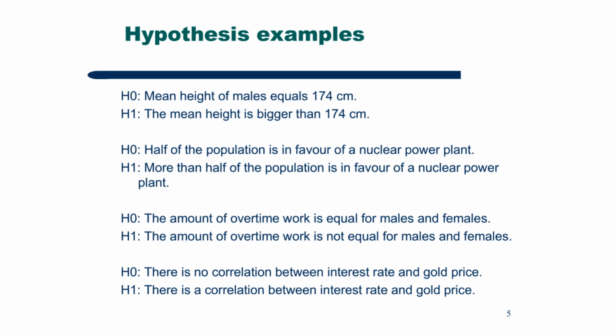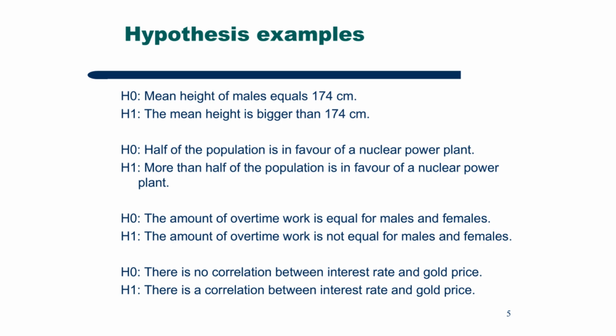The slide provides several examples of null and alternative hypotheses, H0 and H1. Here's a breakdown of each example. Height of males, H0. The mean height of males equals 174 centimeters. H1. The mean height of males is greater than 174 centimeters. Support for nuclear power, H0. Half of the population supports the nuclear power plant. H1. More than half of the population supports the nuclear power plant. Overtime work equality, H0.